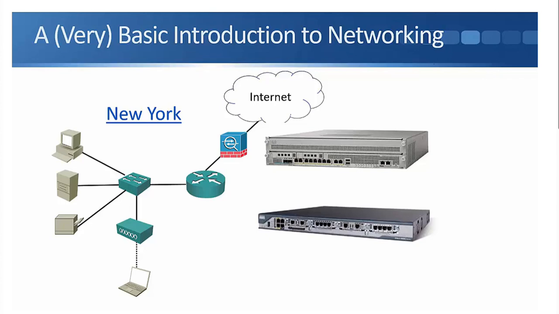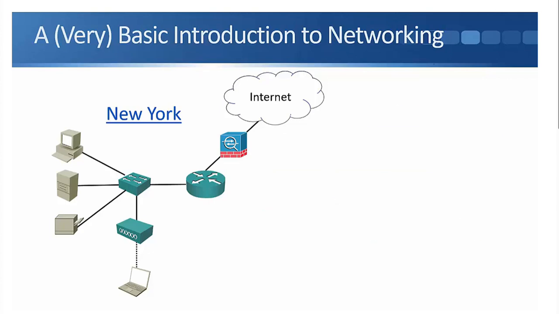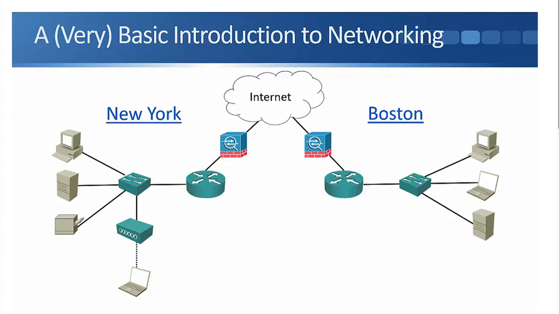In a larger company, we're not going to just have one office in New York. In our example here, let's say we've also got an office in Boston as well. In Boston, we're going to have a similar kind of setup, the same kind of devices in there. We're going to have the local area network in Boston, and we've also got local connectivity to the internet from Boston as well. Now, because we're the same company, I'm going to want to have connectivity between my New York and my Boston offices.